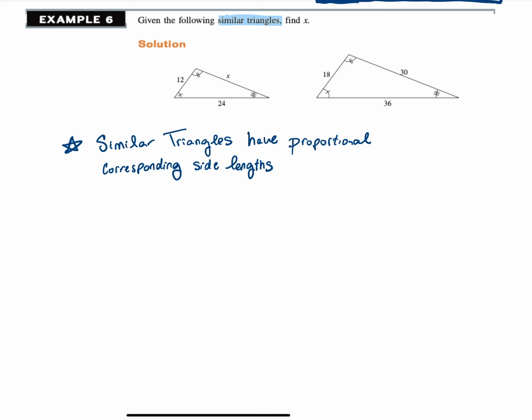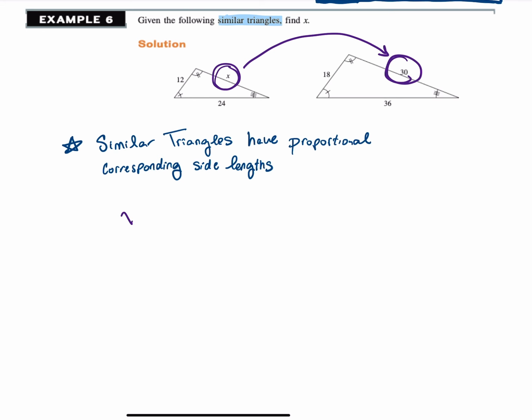So I'll show you what I mean by that. We're trying to solve for x here. So since everything has just been scaled by some factor, I can say the ratio of this unknown side length to the one that corresponds to it on the other triangle, meaning the one that's in the same position.